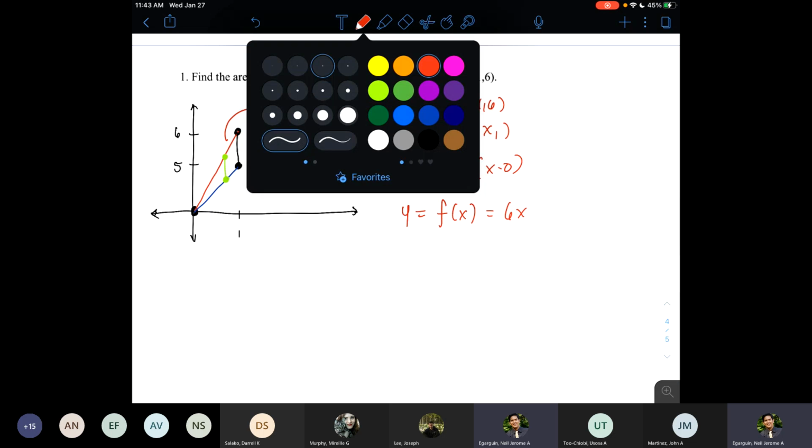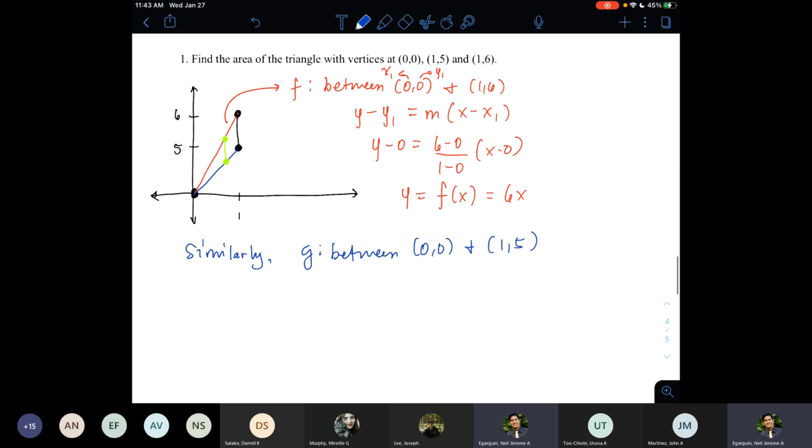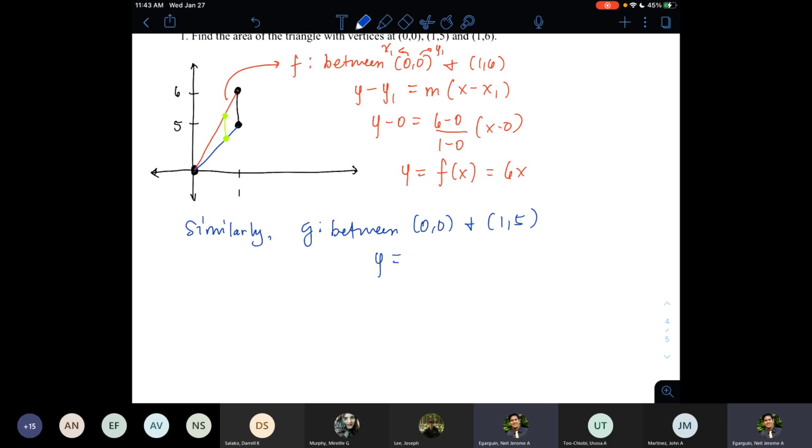And similarly, I'll call g the line between 0, 0 and 1, 5. If you do the same analysis, you get y equals g of x equals 5x, right?